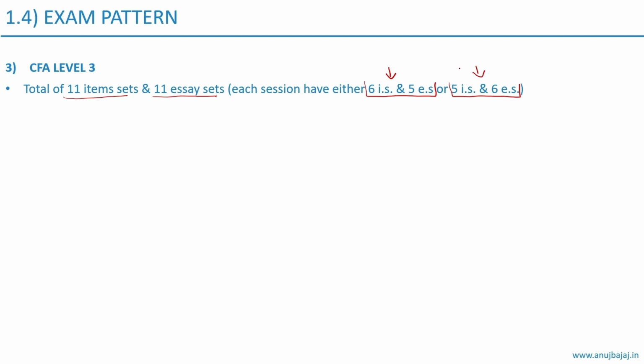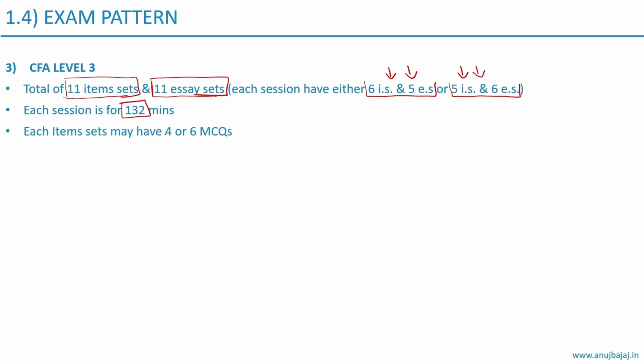But if session 1 has 5 item sets and 6 essay sets, then session 2 will have 6 item sets and 5 essay sets. In total, you will have 11 item sets and 11 essay sets. Each session is for 132 minutes.